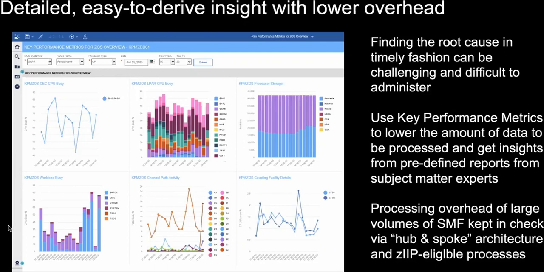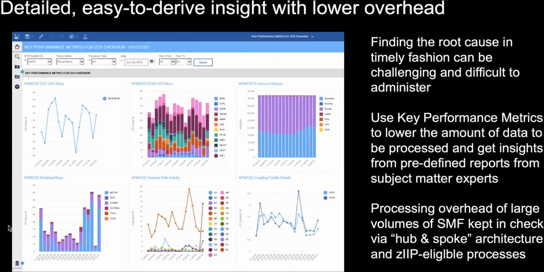Together with an architecture that feeds the data into the hub of the environment in a continuous fashion. So rather than looking at a batch load of a large amount of hours worth of SMF data overnight, a continuous drip process of streaming the data in keeps the overheads of actually processing that data pretty low in comparison.